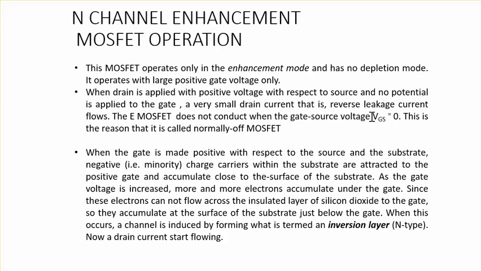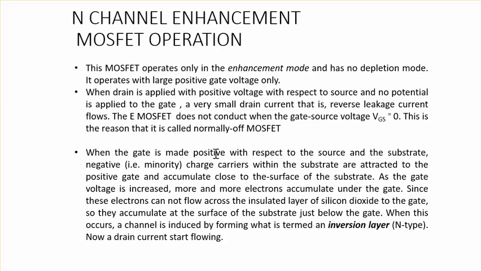Under this condition, we are going to keep the gate to source voltage as 0. So in this case the MOSFET is going to be in the off state, that is, it is not switched on, when VGS is equal to 0 and a positive drain voltage is applied.